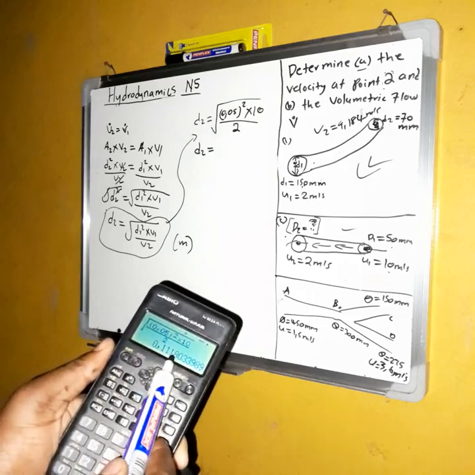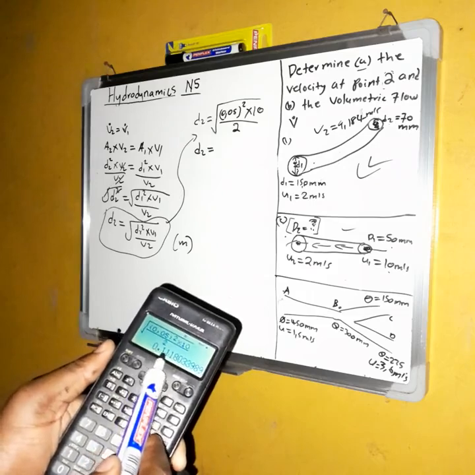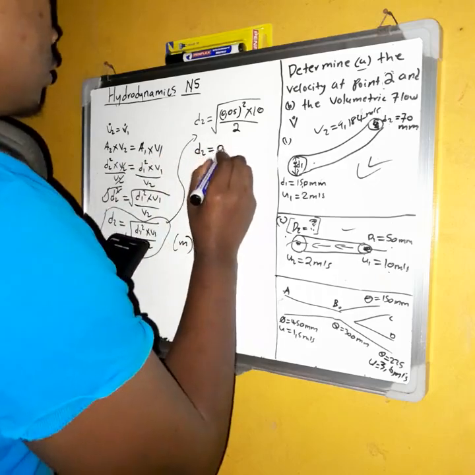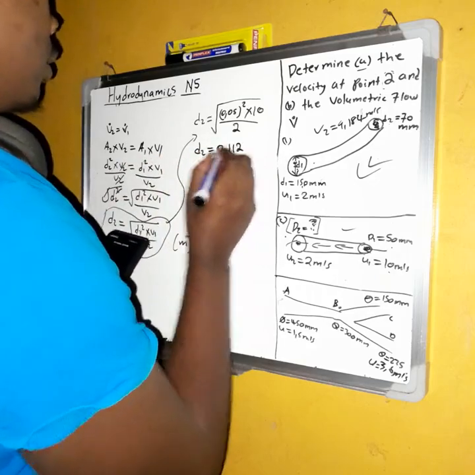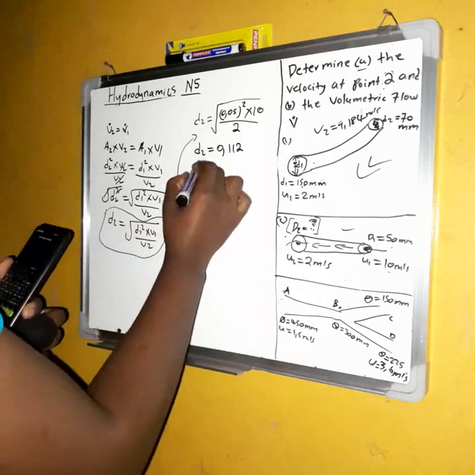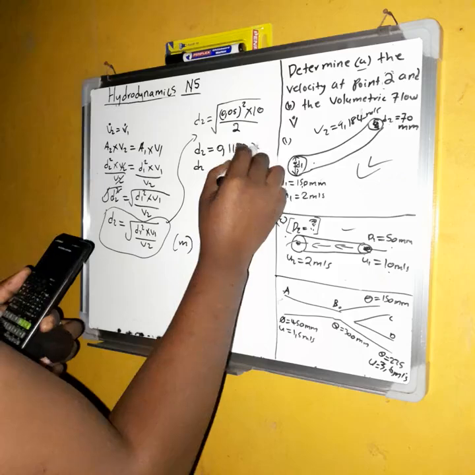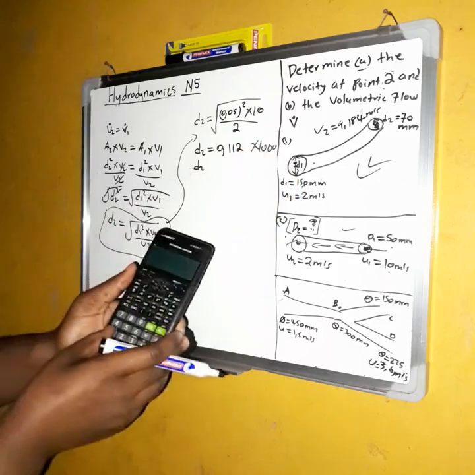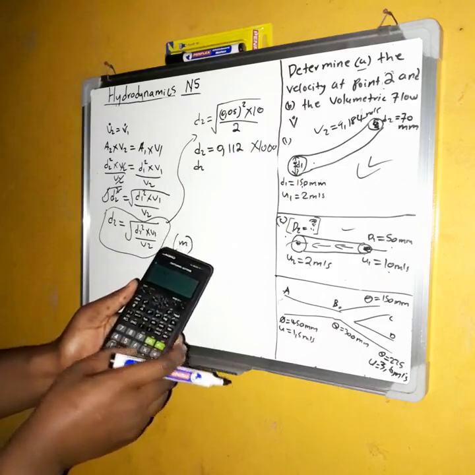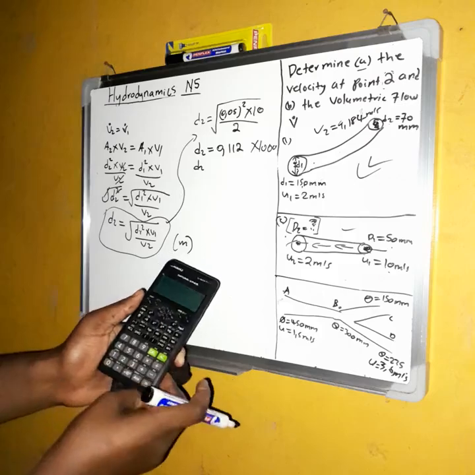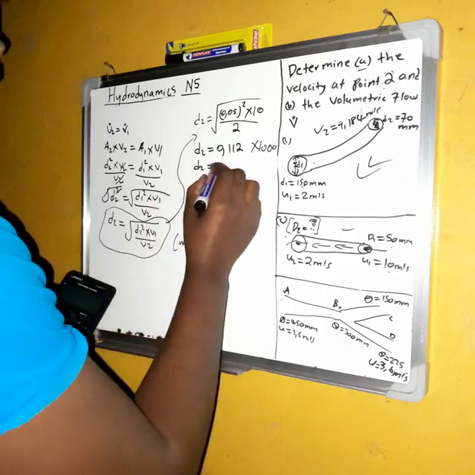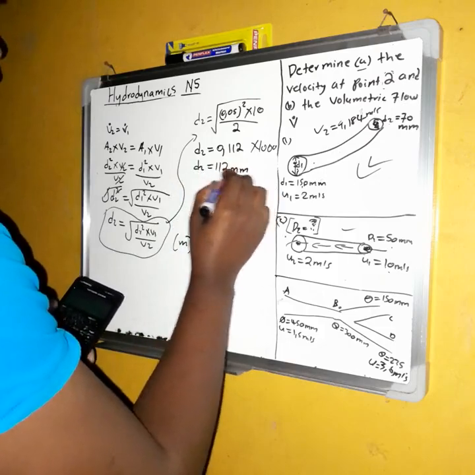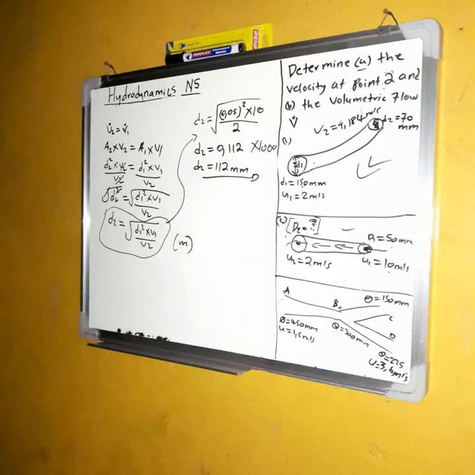When we round this to 2 decimal places, we'll have 0.112. Then if we want this in millimeters, multiply by 1000. 0.112 multiplied by 1000 will be 112 millimeters. This is D2.